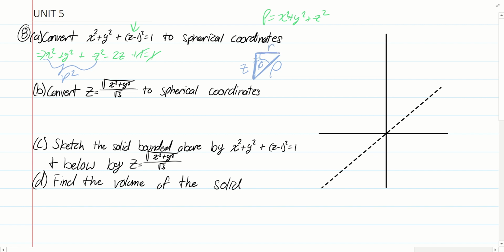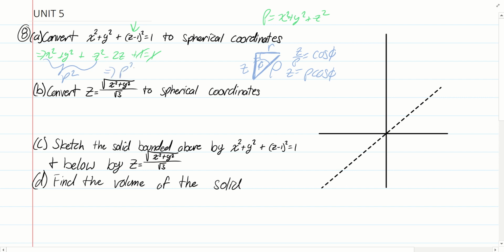If I want to figure out what z is with respect to rho, the z is adjacent to angle phi, so I have to use cosine. So z over rho equals cosine phi, because remember, adjacent over hypotenuse, and then z is going to equal rho cosine phi.